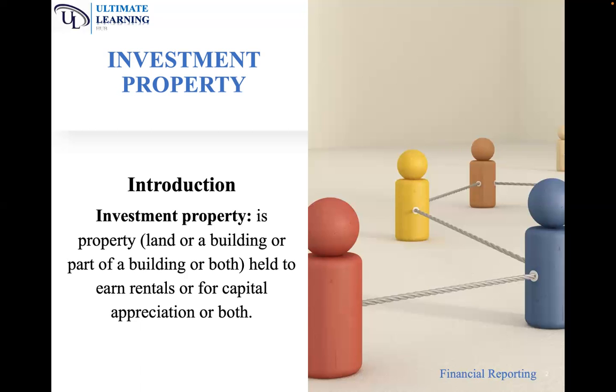So it must be very clear what investment property is. Investment property is land or building held to earn rentals or for capital appreciation or for both. That is rentals and capital appreciation when we refer to both.